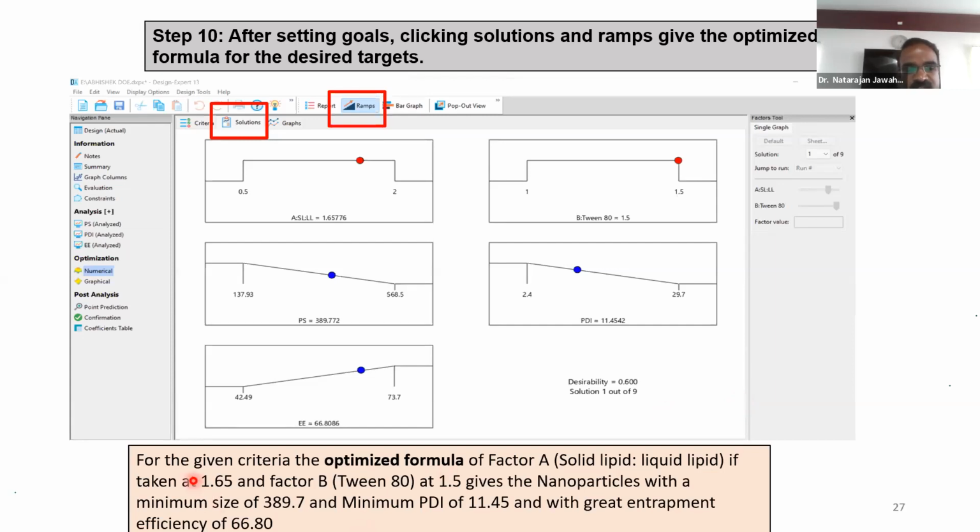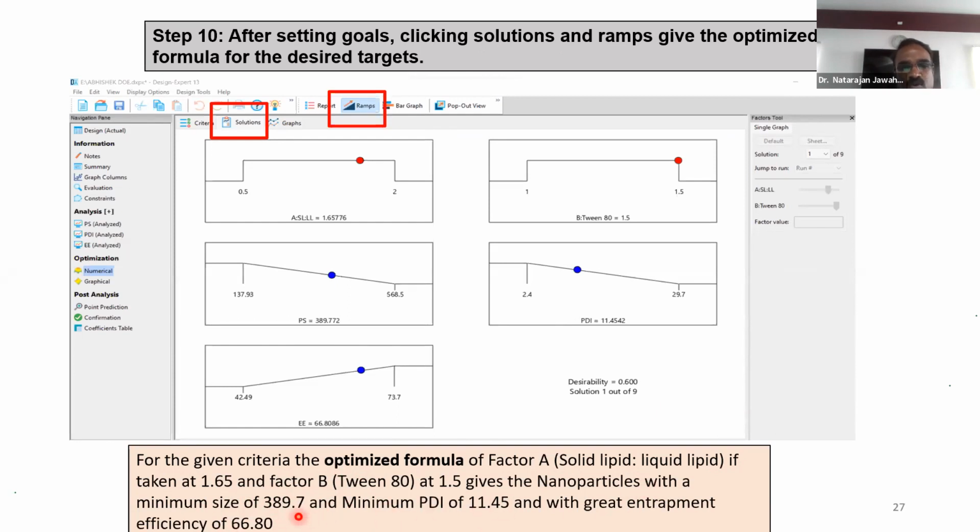That is called validation. For the given criteria, the optimized formula is factor A, that is solid lipid to liquid lipid, taken at 1.65 and factor B at 1.5, and I will get nanoparticles with the minimum size. That's our goal: the minimum size which is possible, the minimum PDI, and a greater entrapment efficiency.